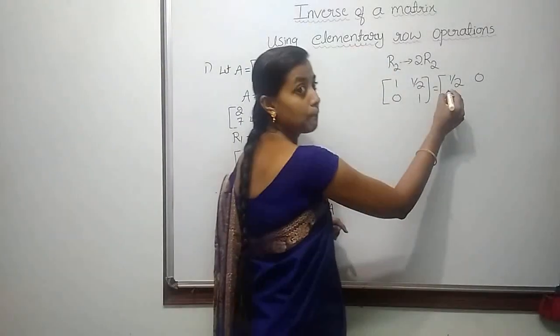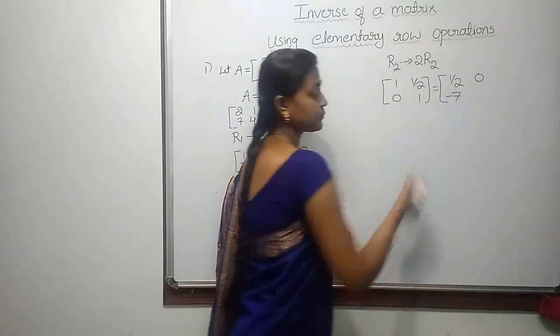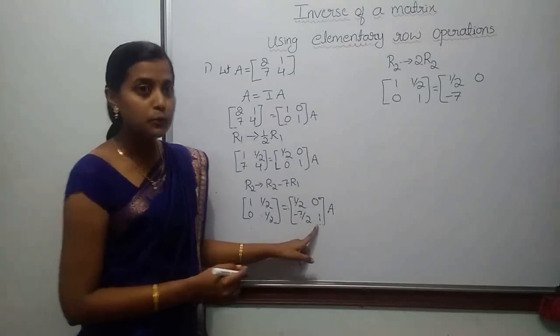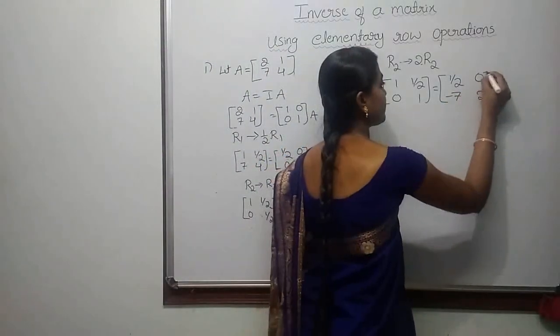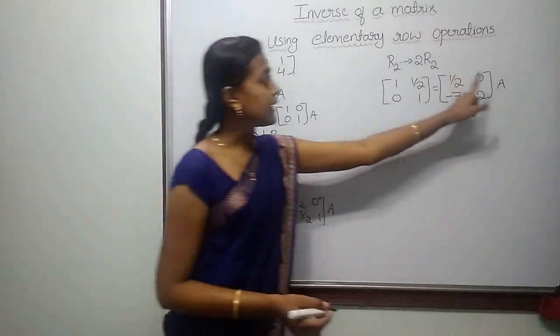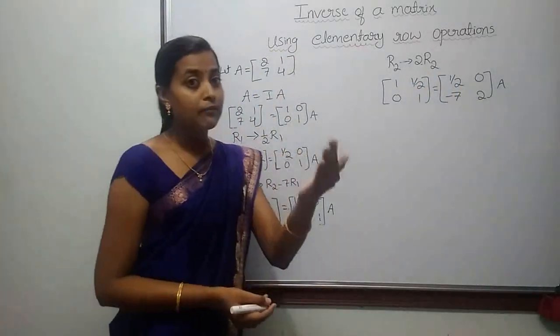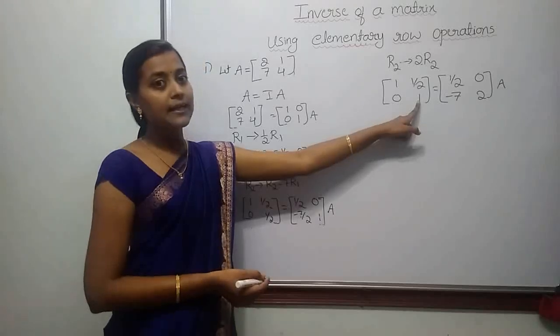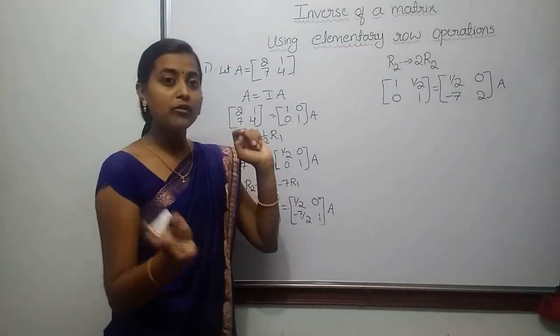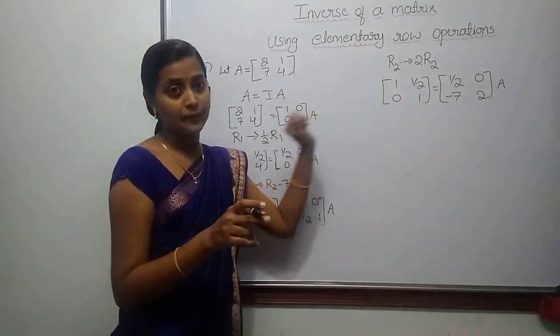We get minus 7. 2 into 1 is 2. And I have written this matrix A as it is. We have reduced element lying in second row, second column to 1. We have completed third step here.